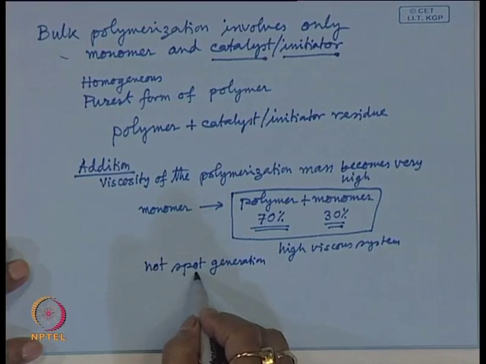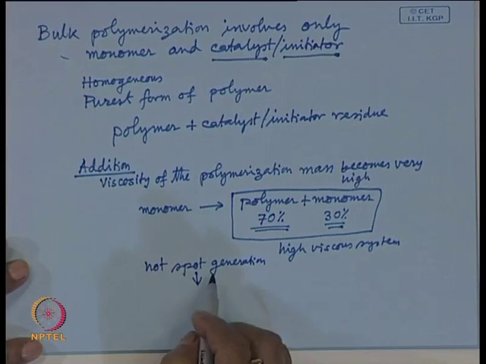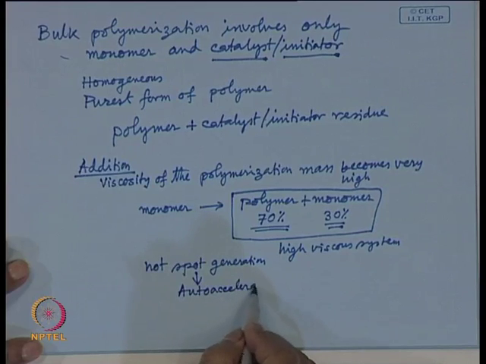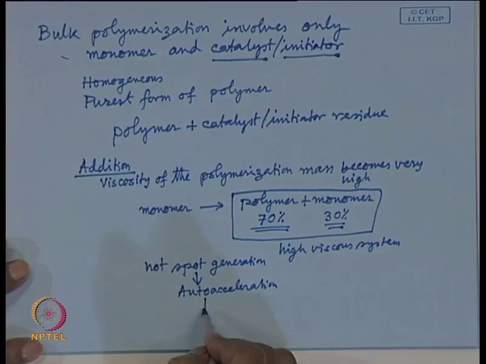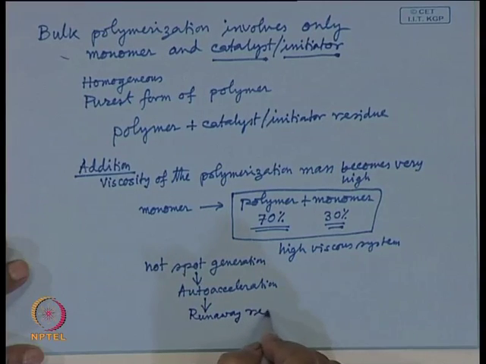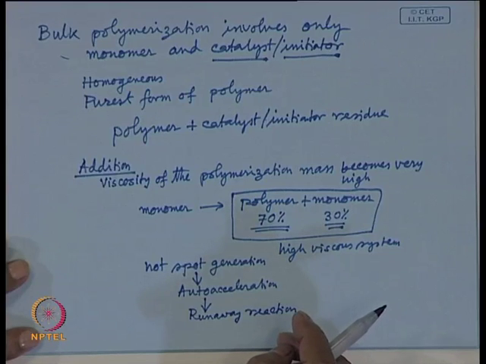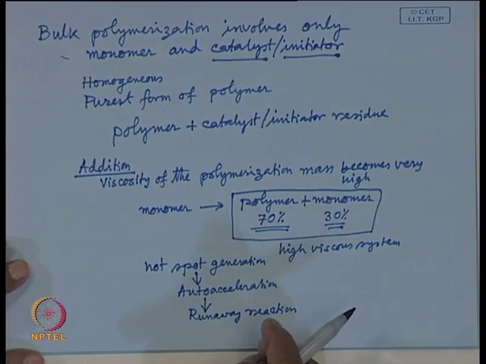And this hot spot leads to auto acceleration, or gel effect, and that can lead to a runaway reaction. It means it can lead to explosion and many other things. The entire batch will be destroyed.